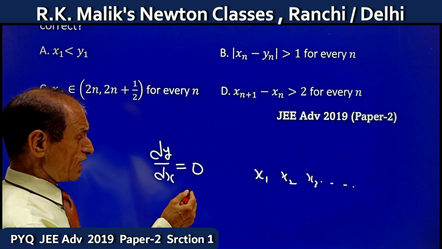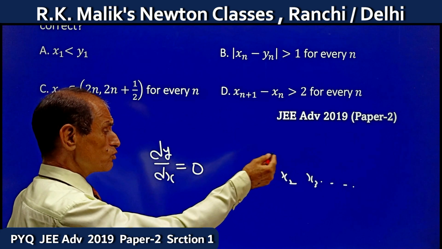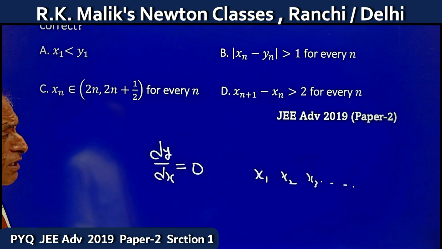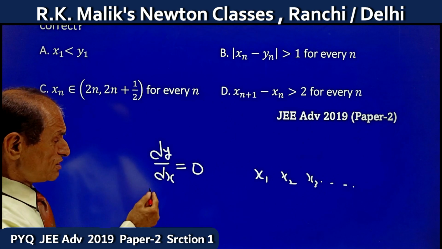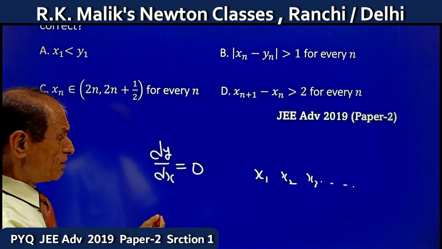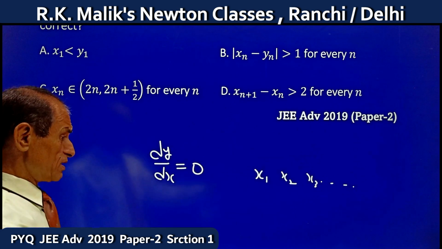Then, to check which of these values of x gives the point of local maxima, which one gives the point of local minima, and which one gives the point of inflection, they use the single derivative test or double derivative test for all the points.